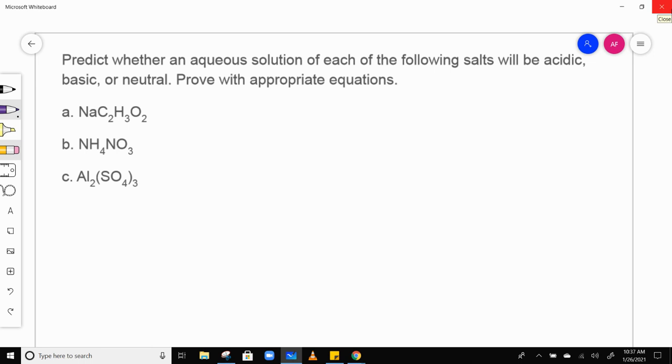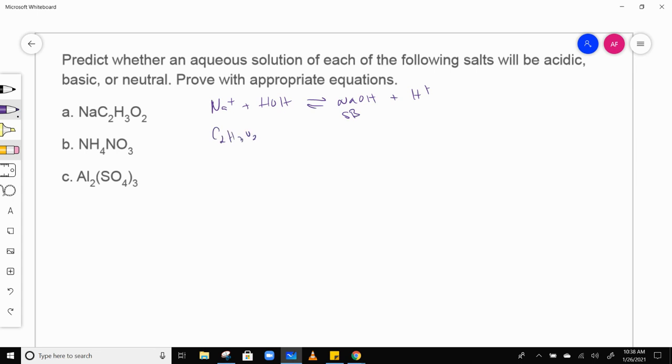Okay, we good? Okay, first one, I think we actually did this one already, but that's okay. Na plus HOH yields NaOH plus H plus. This is a strong base.